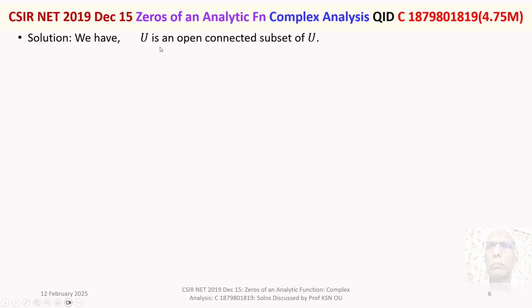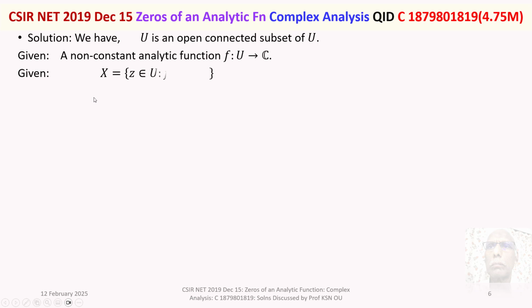We are given U is an open connected subset of C. Given a non-constant analytic function F from U to C. Given X is equal to the set of all Z belongs to U such that F of Z is equal to 0.